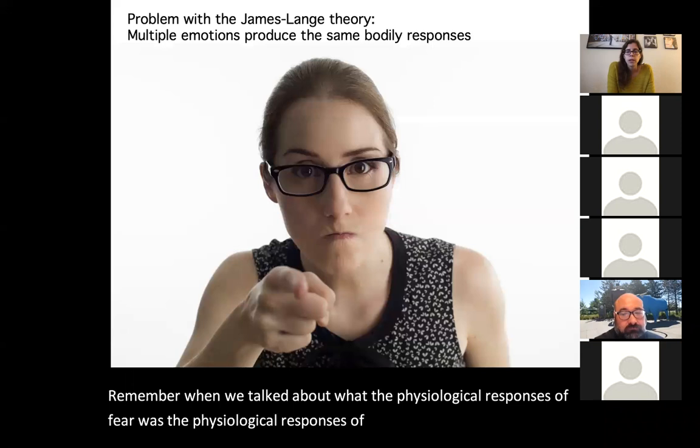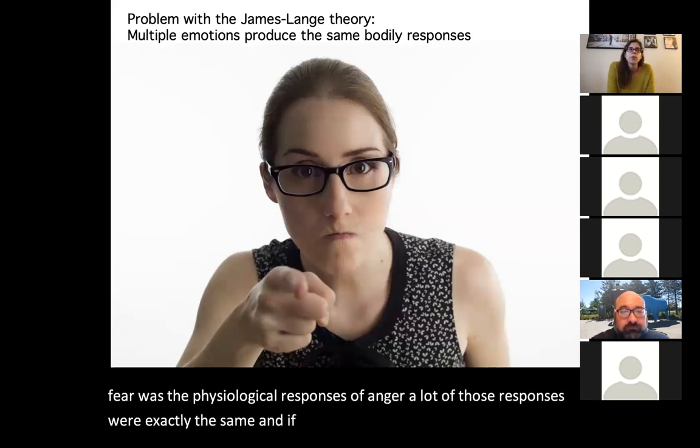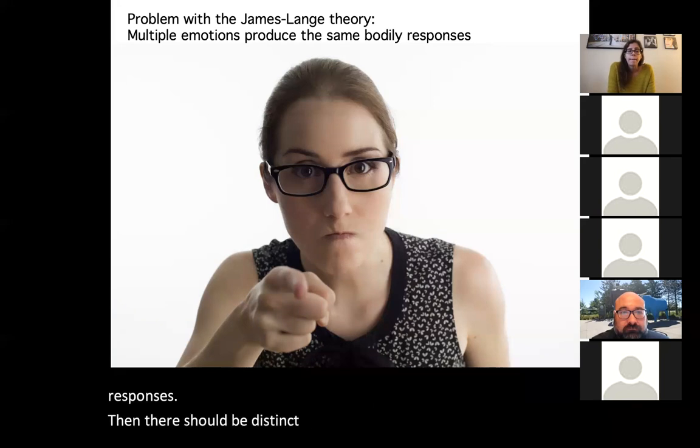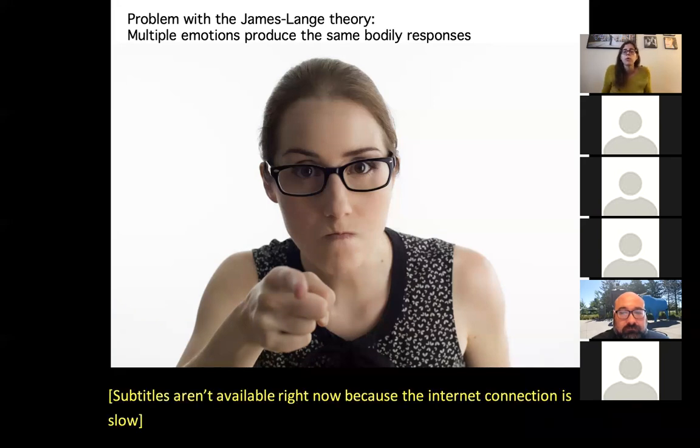A lot of those responses were exactly the same. And if James Lange theory says you can figure out what emotion you are experiencing based on your bodily responses, then there should be distinct bodily responses for every emotion. Researchers don't really agree with that, because there are multiple emotions that have the same bodily responses. So how do you make sense of that? Okay, so that's one problem with James Lange's theory.